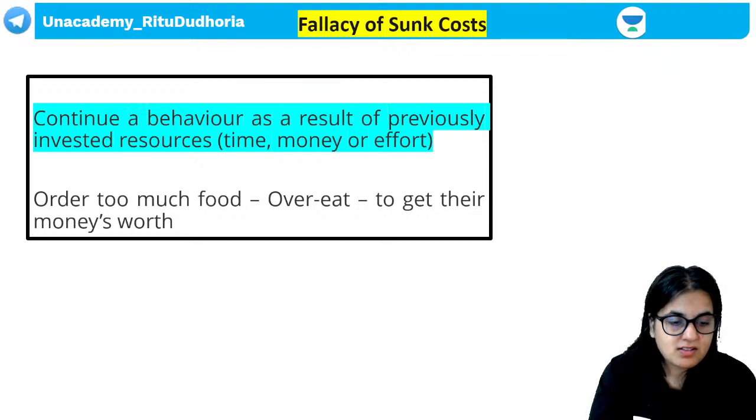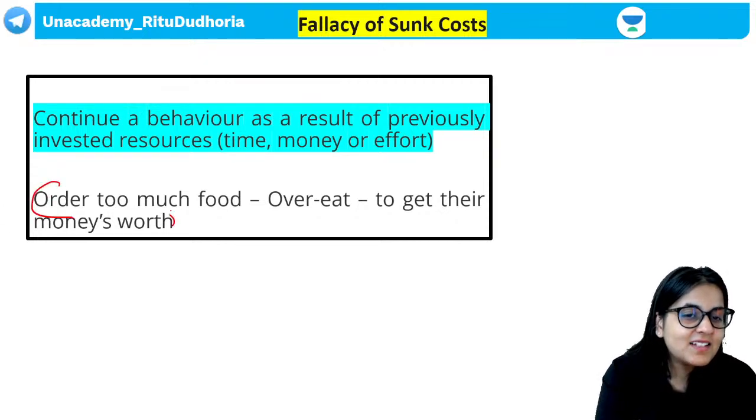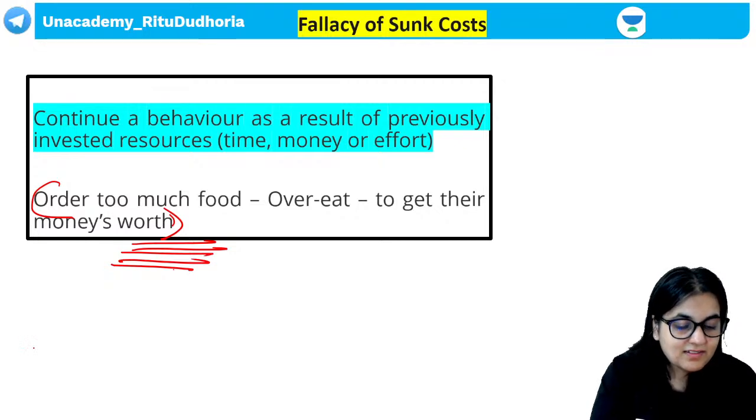Fallacy of sunken costs. How many of you have done this? How many of you are guilty of this, guys? Come on, tell me. It used to be really fun.